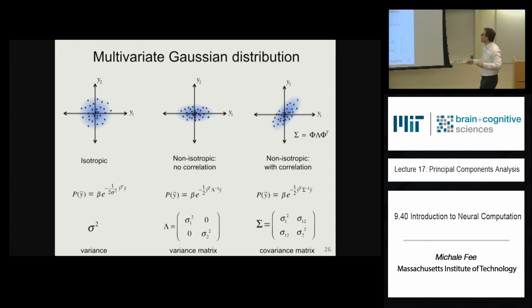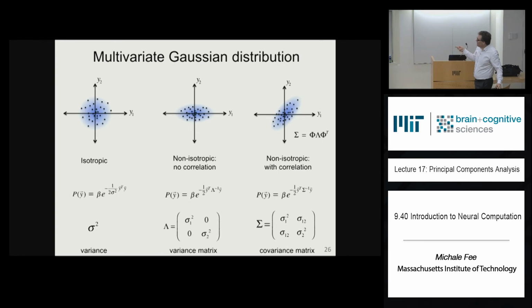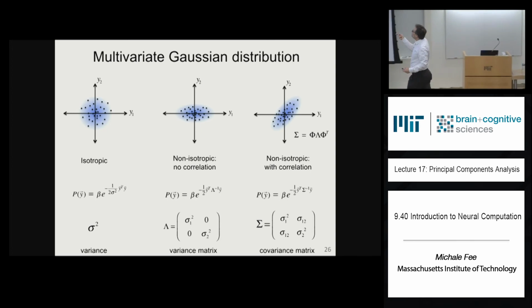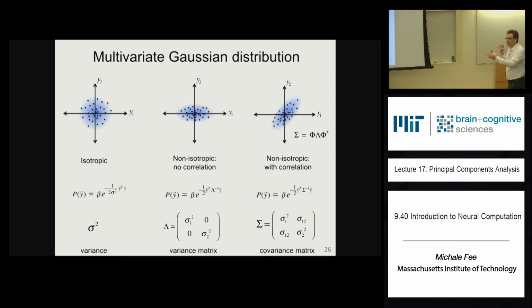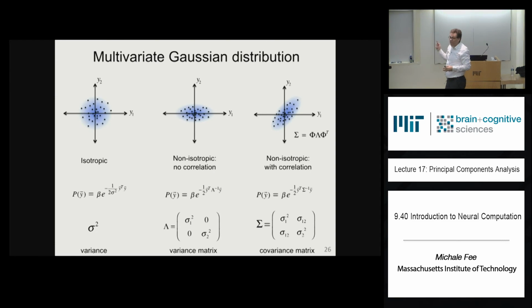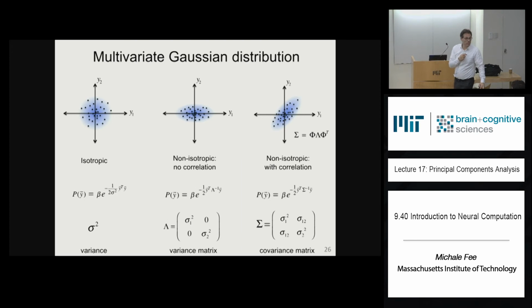That covariance matrix describes the variances in the different directions and essentially the rotation. Remember, this distribution here is just a distribution that's stretched and rotated. We learned how to build exactly such a transformation by taking the product of phi transpose lambda phi. So we're going to use this to build these arbitrary Gaussian distributions.